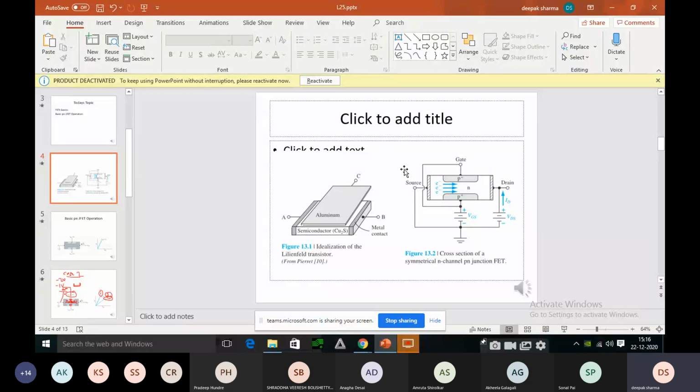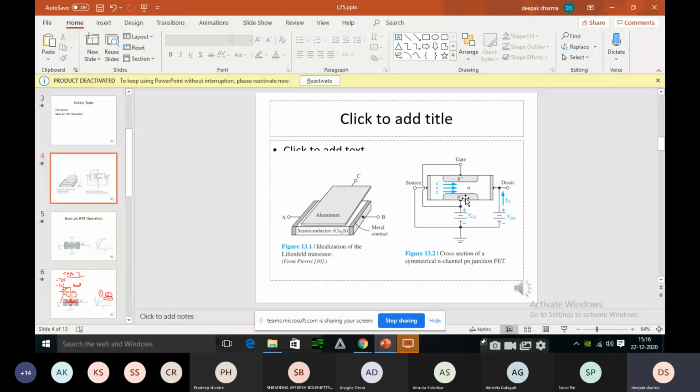So let us consider, for example, we are taking N-type semiconductor, that is we are doping pentavalent impurity. After that, what we do? Actually, if you just look at the figure of JFET, it is very clear that we have to next dope the two extreme ends with the P-type material, right? So what I'm doing, I'm just explaining you N-channel JFET.